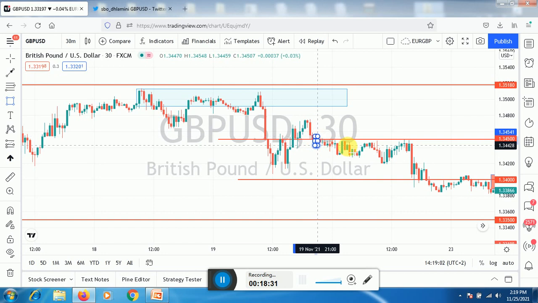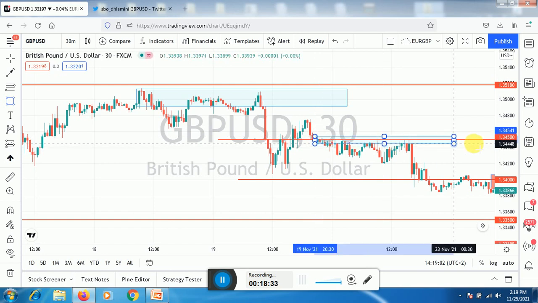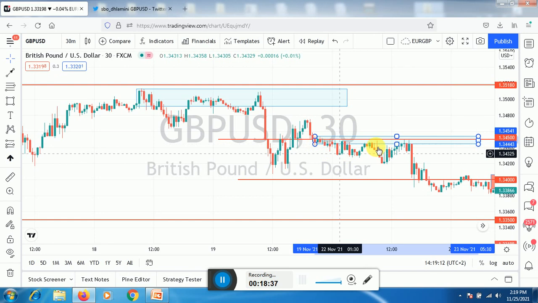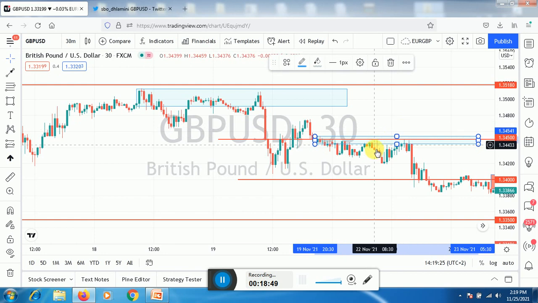So we created a pause on this zone right here. Look at what happened when price got to this zone. It's like a resistance zone; price is being resisted from going higher. Got rejected, then got rejected again.